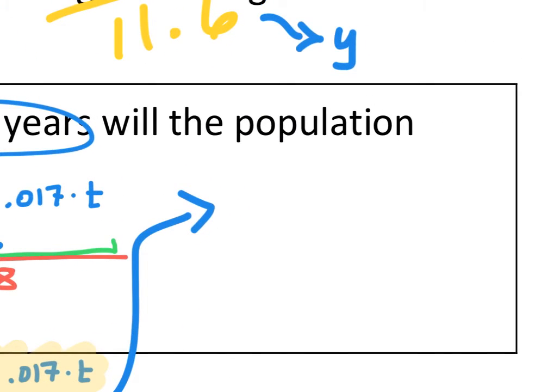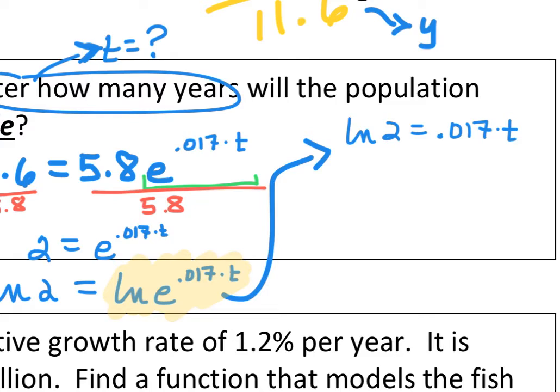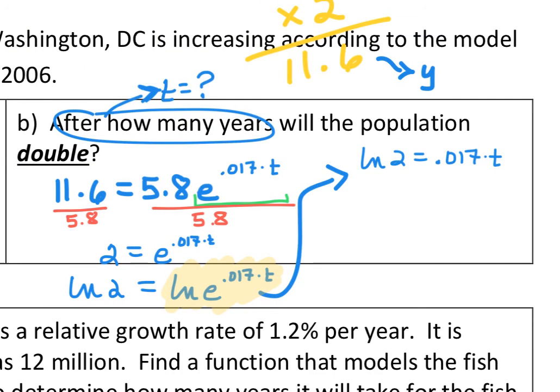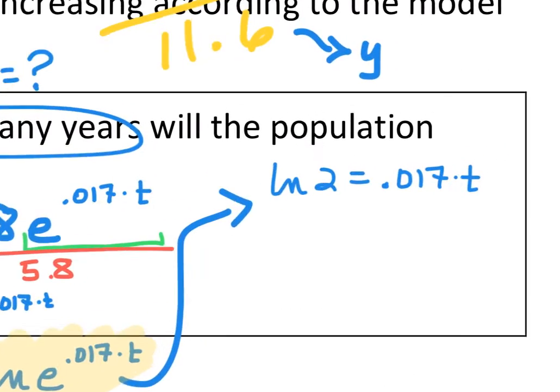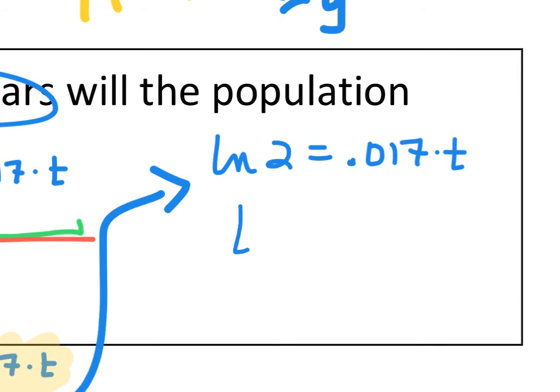So now you have ln of 2 is equal to 0.017 times t. And it's technically times t times ln of e, but you don't need the ln of e because that equals 1. And so to solve this, t is equal to ln of 2 divided by 0.017.